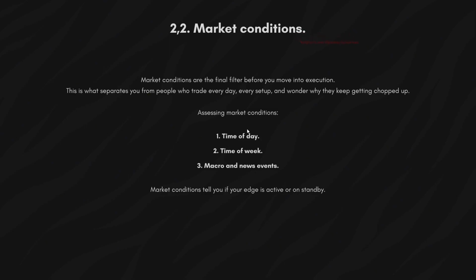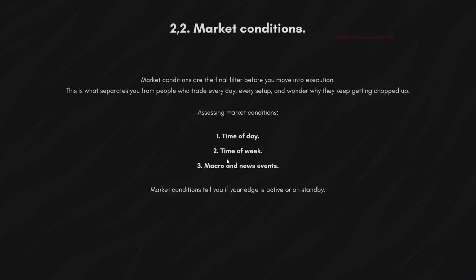And this alone can make or break your trade. You could have all of those other elements figured out, but if the time of the day isn't right, you're still going to lose. So you need to make sure that you are trading within a key time at the correct time.